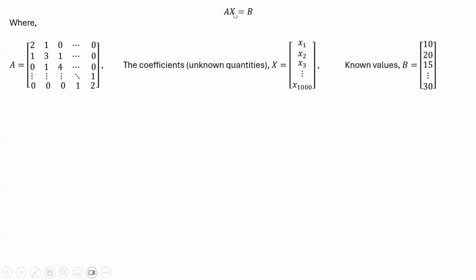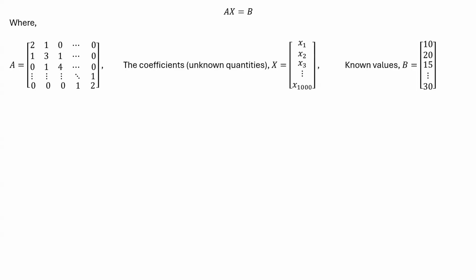This is the matrix form AX equal to B. A is basically the main matrix of coefficients, X holds the unknown quantities, which you really don't know about, and B is basically the known values, which you already know.